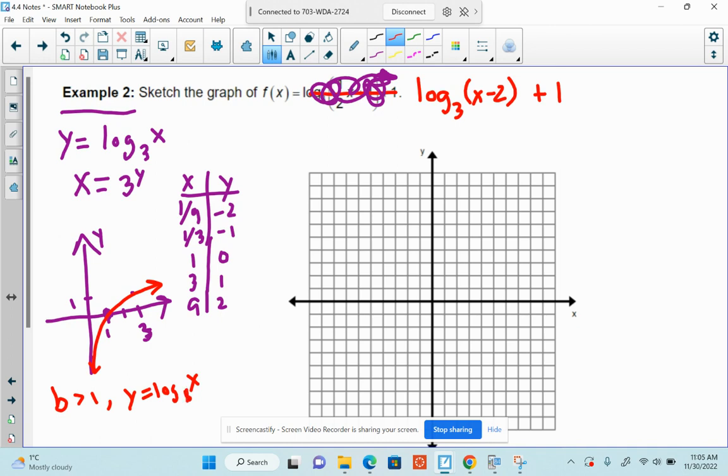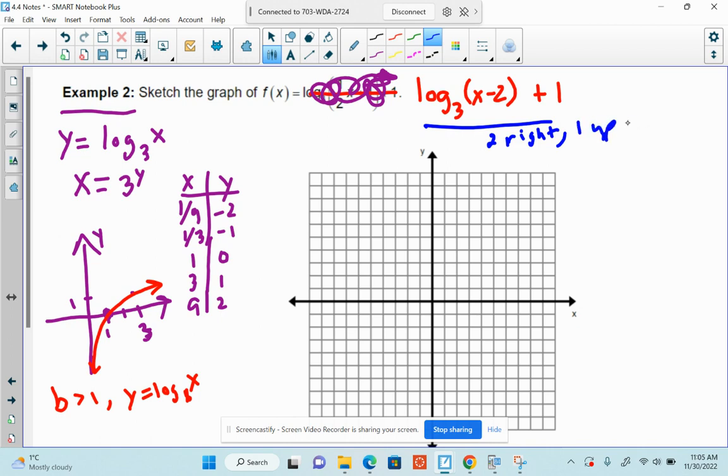Now what we have done with this function is we use transformations. The minus 2 shifts it 2 to the right, and the plus 1 takes it up 1.